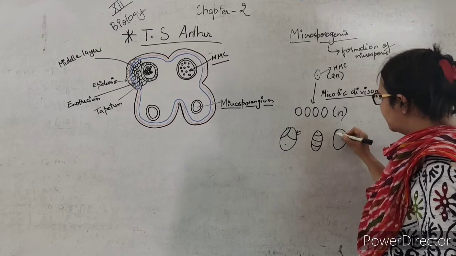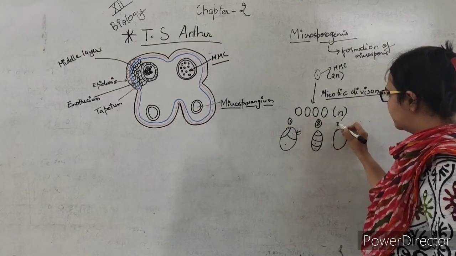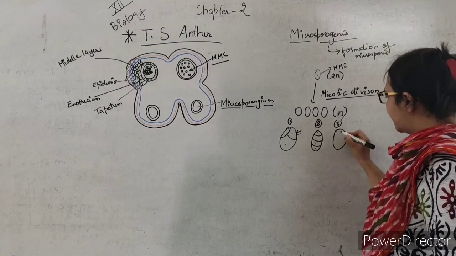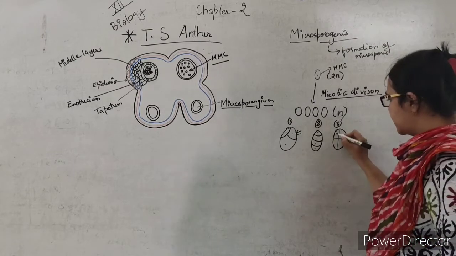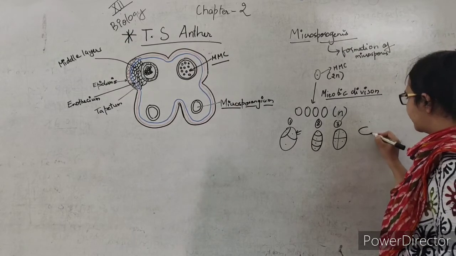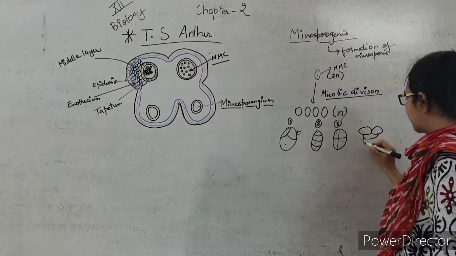And the third one is the isobilateral. Here we divide the cell into equal 4 halves. This is 1 2 3 and 4. And the last one is the F shaped, which is very uncommon, or decussate shape.